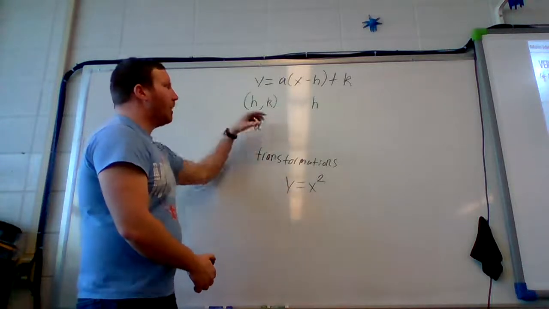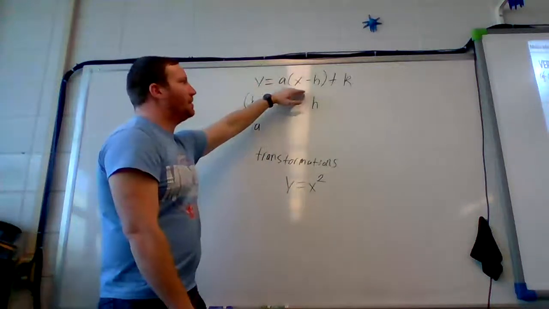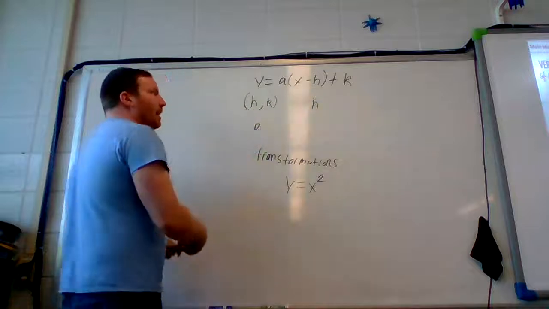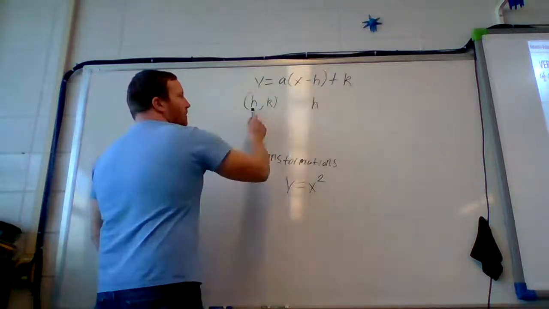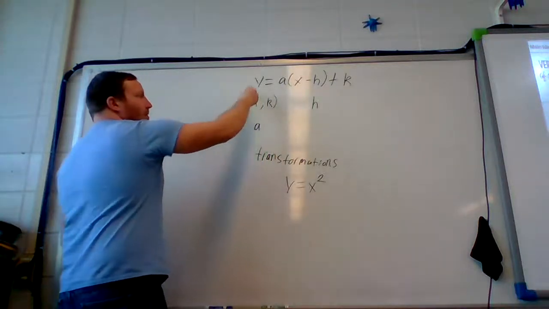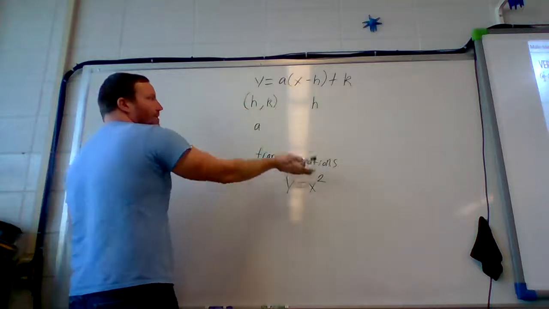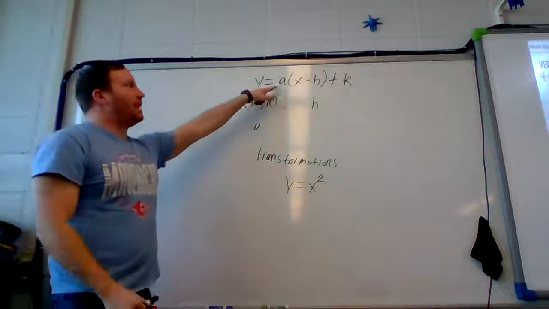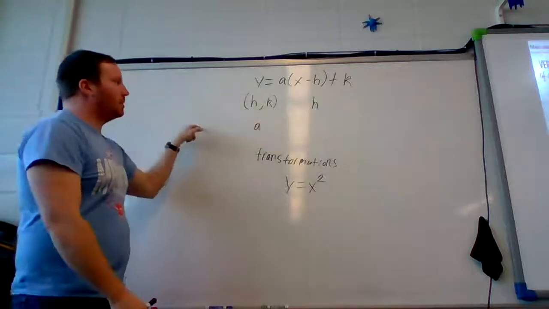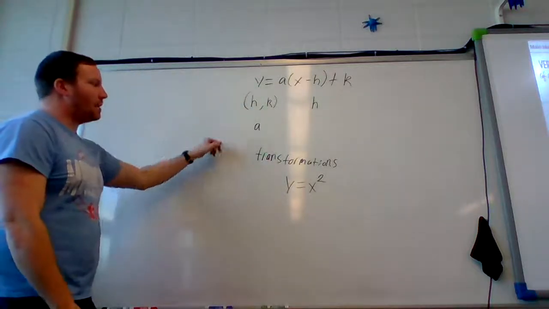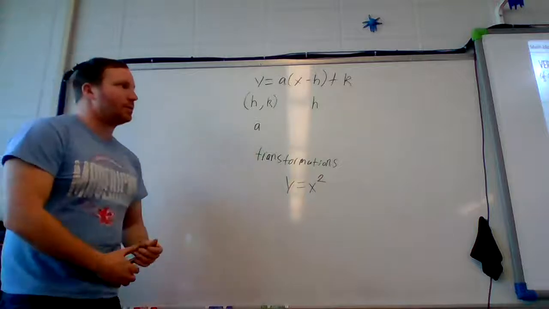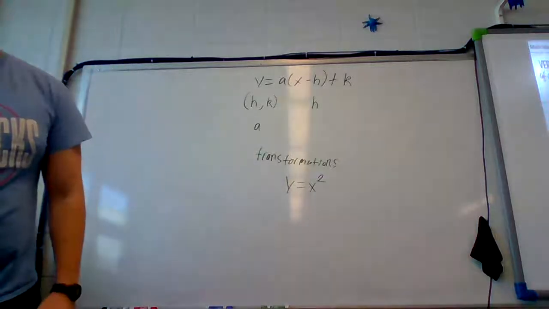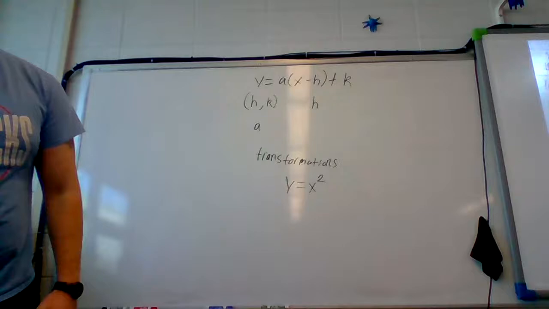And so again, our vertex form is telling us where we're changing, right? Our h value is our x value, or our axis of symmetry on our vertex. Our k is our shift up or down on our vertex. And our a value tells us if we open up, that U shape, or if we open down, that hill shape. So with that in mind, let's look at a few of these problems.